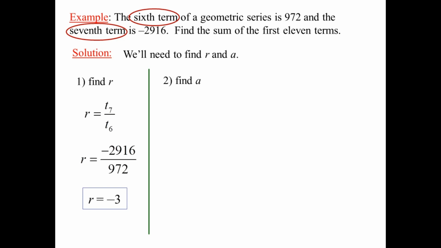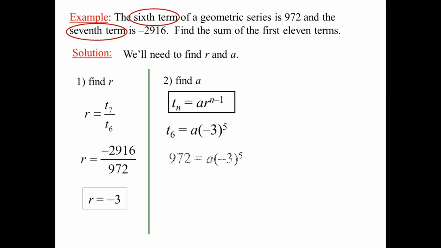Next, we need to find A. A can be found by using one of these terms. I think I used 972. We'll use the t formula, and we'll plug in 972 to t sub n. 972 equals AR to the n minus 1, but that was t sub 6, so n minus 1 is this 5 right here.